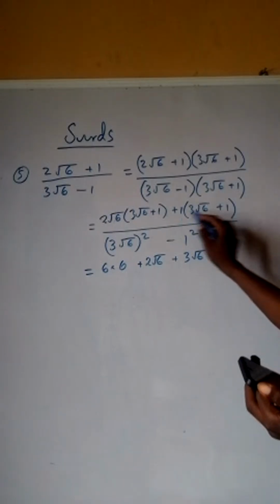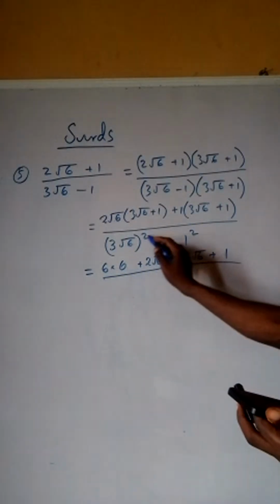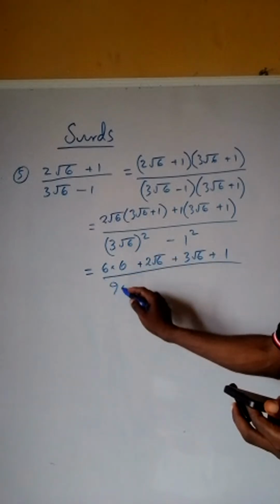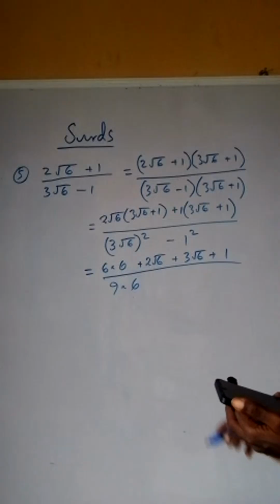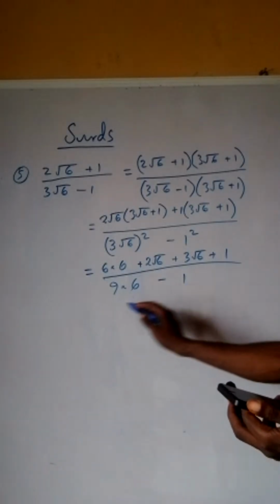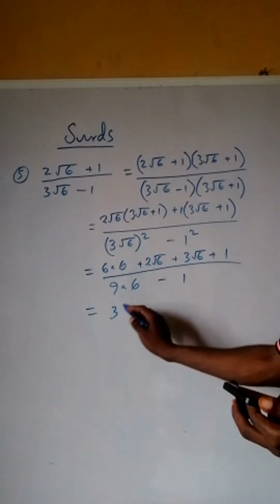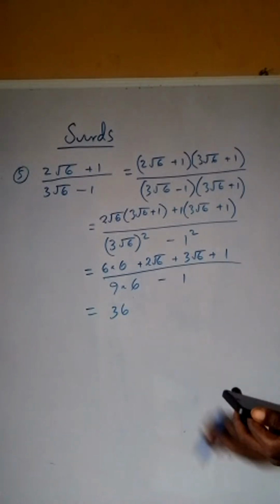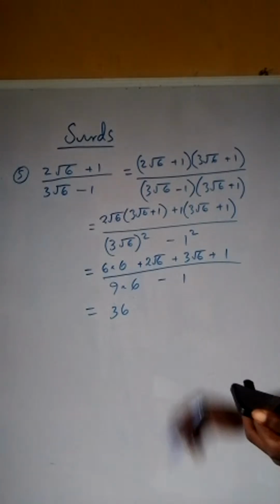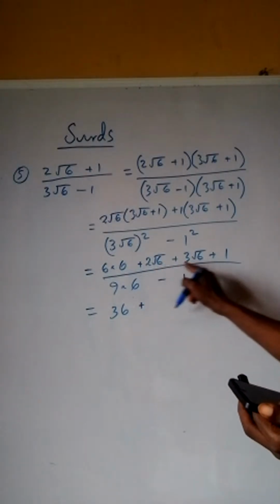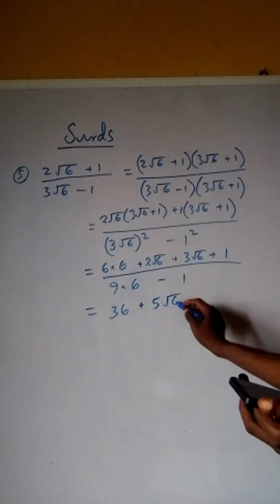Then plus 1 times 1, that's 1, which is divided by, the square here affects 3. 3 squared is 9 times root 6 squared, that's 6, minus 1 squared, which is 1. Then plus 2 root 6 plus 3 root 6, that gives us 5 root 6 plus 1.